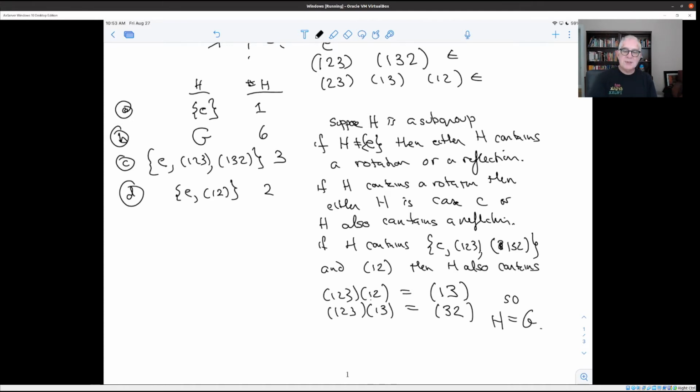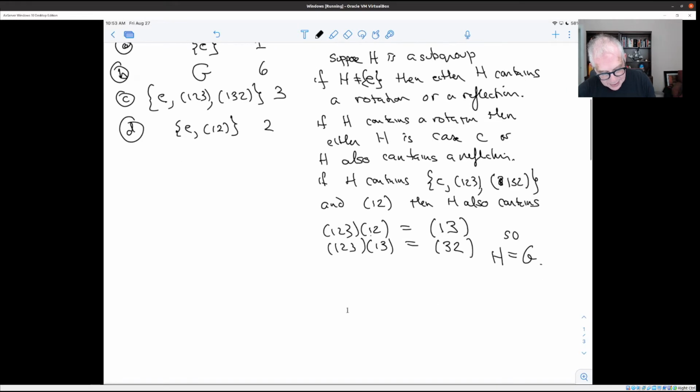So if our subgroup contains only rotations, then it's case C. If it contains anything else, then it's case B. It's all of the group. And if you want to do the same kind of argument, suppose H contains a reflection, like (1 2).